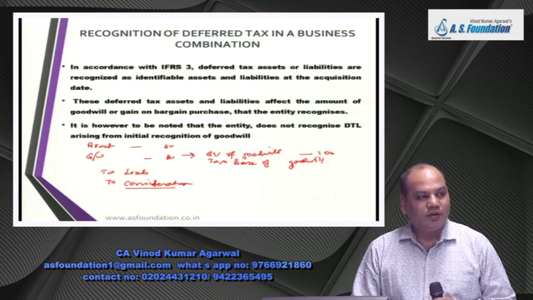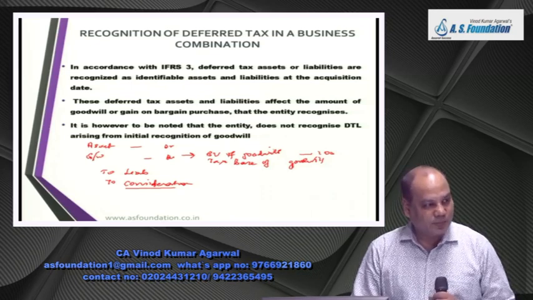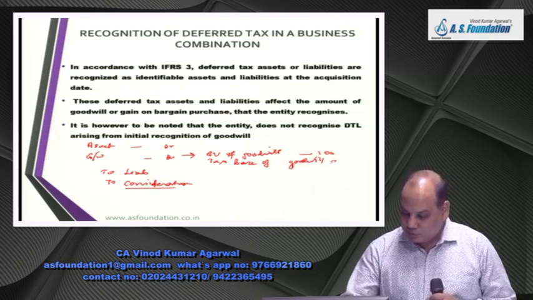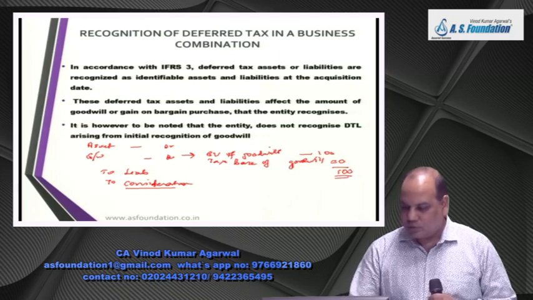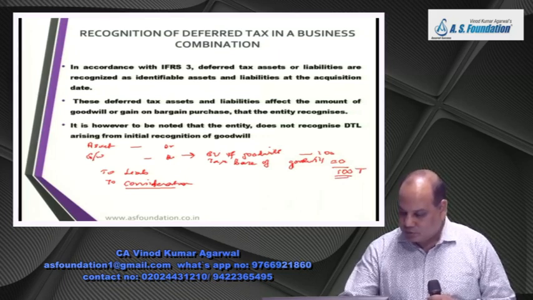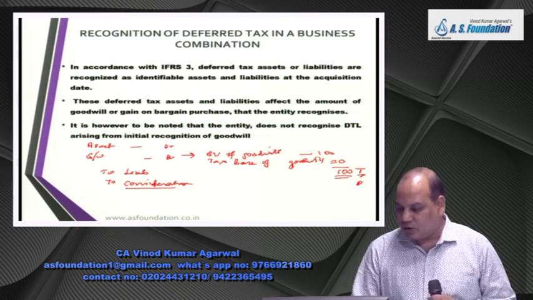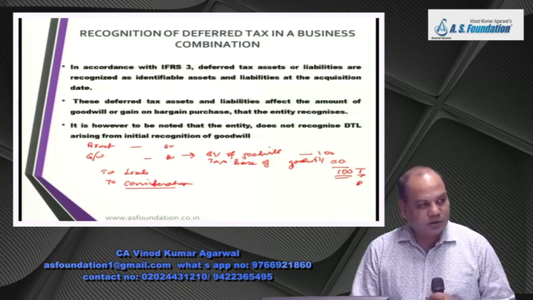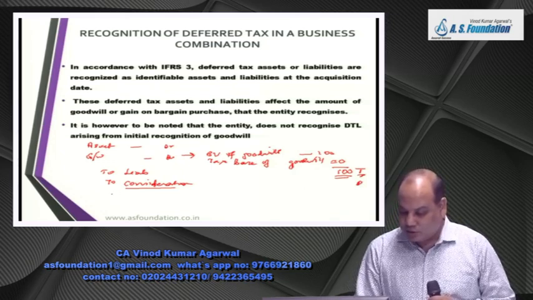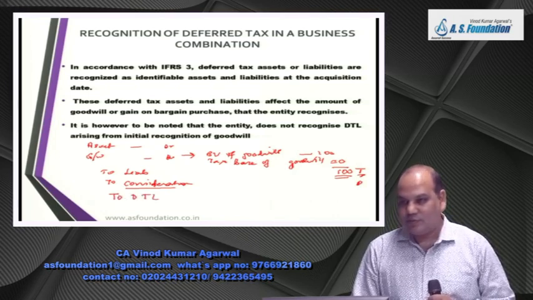So we have learnt tax base of an asset is the amount that will be allowed as expense in future. 0. So this will give rise to a difference of 100. This difference is TTD, because your carrying amount is more, tax base is less. So what you did in a hurry, you created DTL for this.